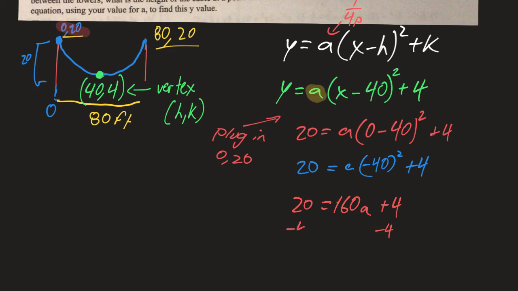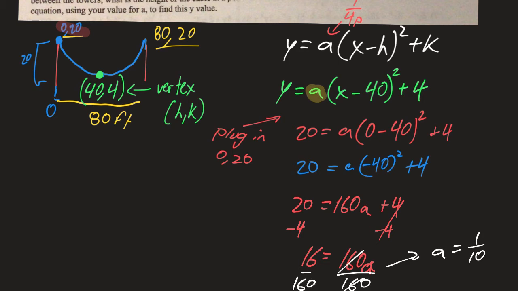Subtract our 4. 16 equals 1600a. And basically, we divide by that 1600, and a is going to be 1 over 100. So there we go. We've got our a value.